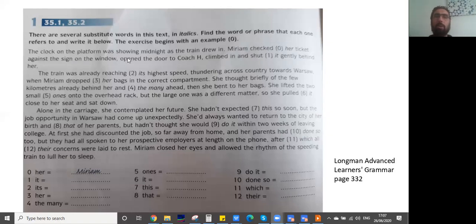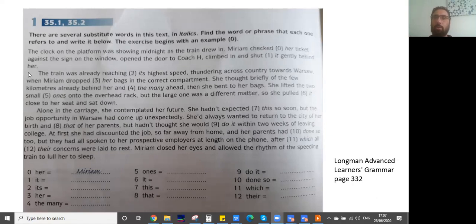Against the sign on the window, opened the door to coach H, climbed in and shut it. So what's it here? Good. So here it is referring to the door.